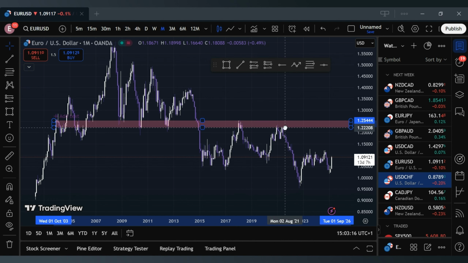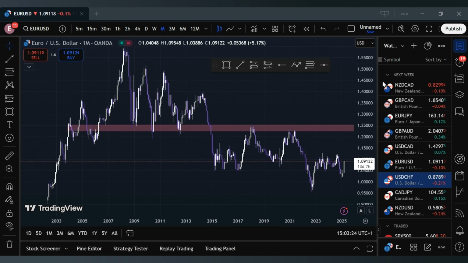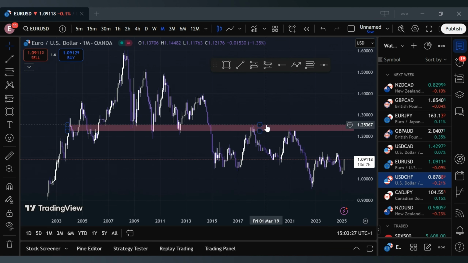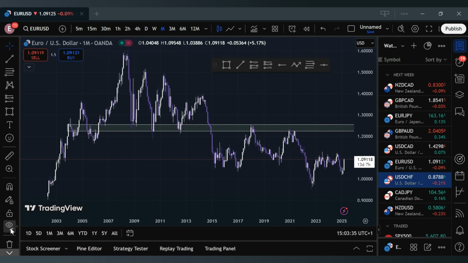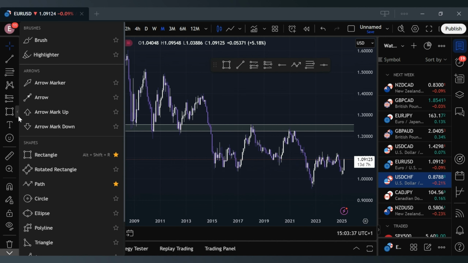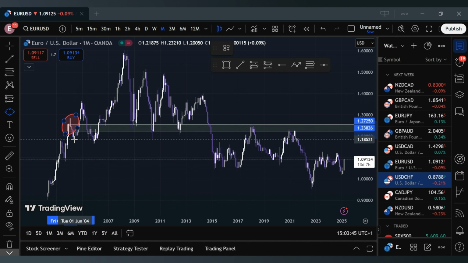This now is a strong support and resistance zone. Let me change this color to white. So this is a strong support and resistance zone, and we have here, which is where we had a break.